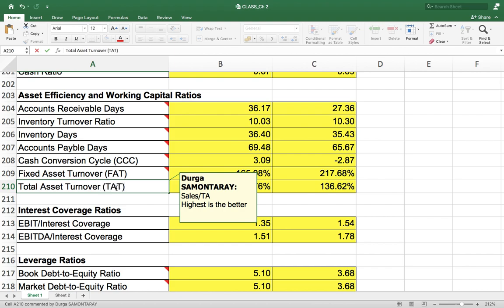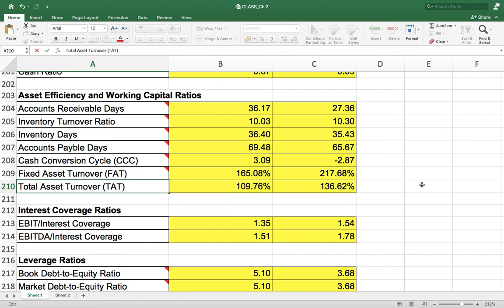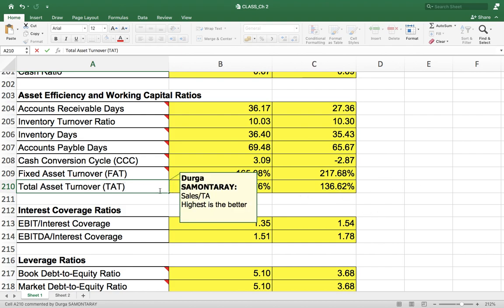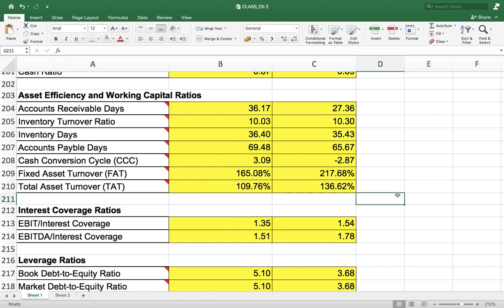This should be high, always better, and the company's ratios are getting reduced. So the company has to be serious and work on improving the fixed asset turnover and total asset turnover. So this is all about asset efficiencies.